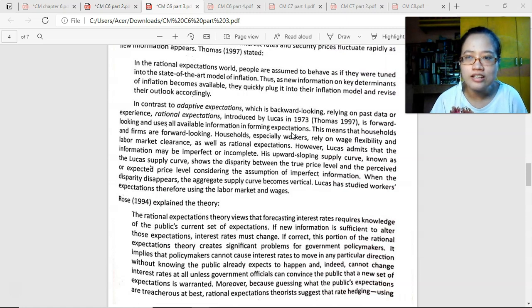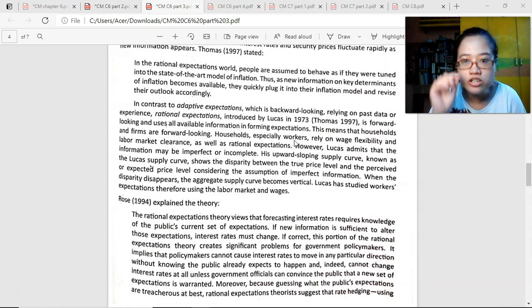So, you can't exactly compare the current situation with the past situation. So, basing it on past data is not that reasonable, right? So, rational expectations, they believe that with the availability of new information, then the decision should be based on those new data, okay? This means that households and firms are forward-looking.